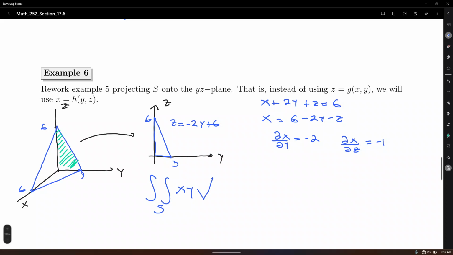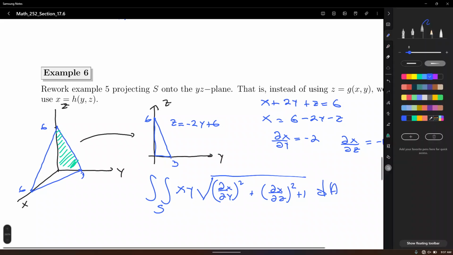It's no longer dz dx and dz dy both squared. This time it's partial x with respect to y squared plus partial x with respect to z squared plus 1 dA. Let me call it dA for now.